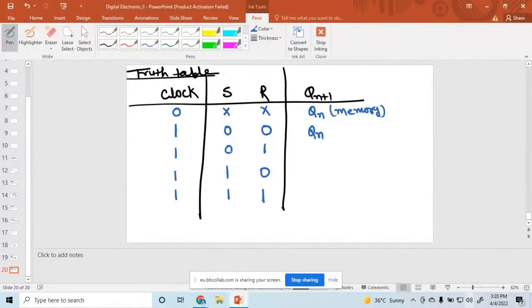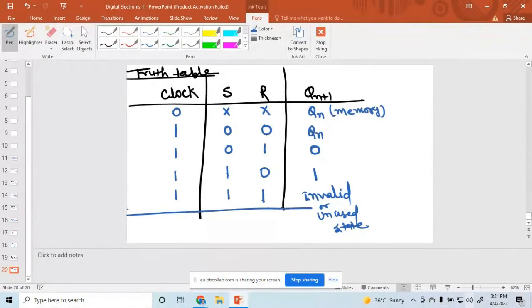S is 0, output is 0. S is 1, output is 1, and both 1 1 is called invalid state, or unused state.